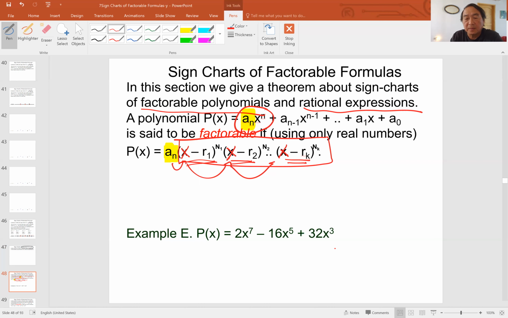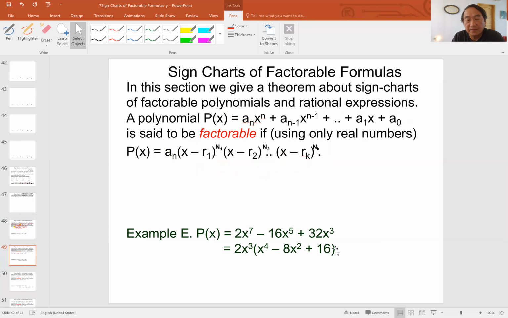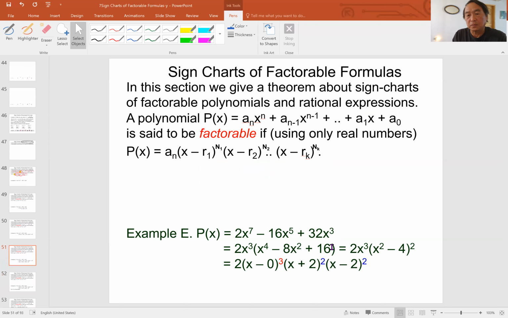For instance, this is a factorable polynomial. Here, we take out the common factor, 2x cubed, and the leftover is (x² - 4)... factored completely. Notice the 2 is in the front. That's what we mean by this a_n out here.